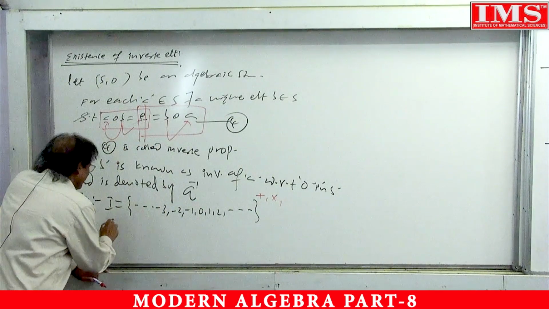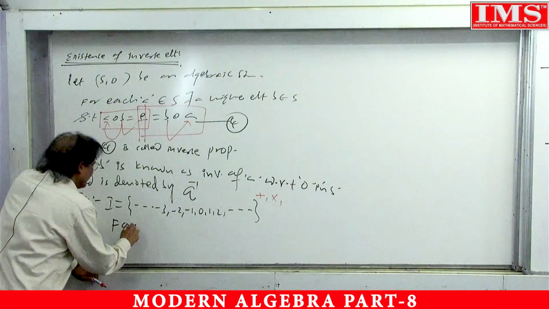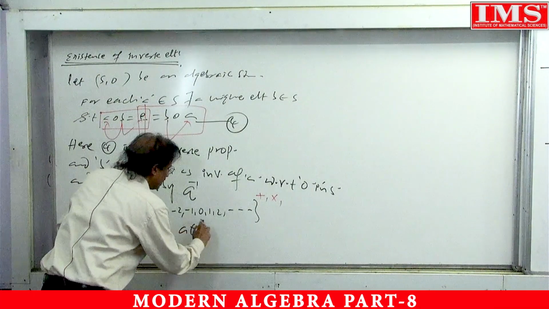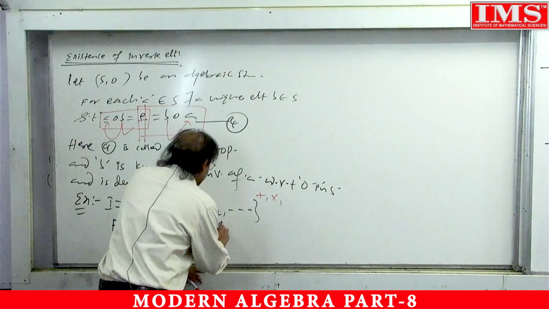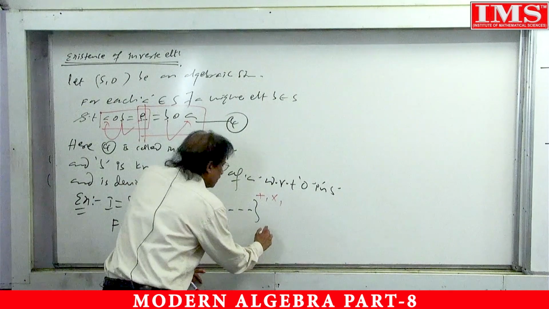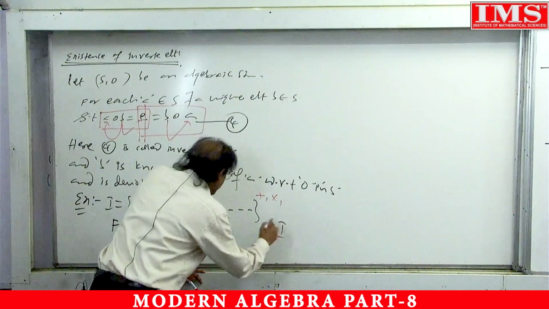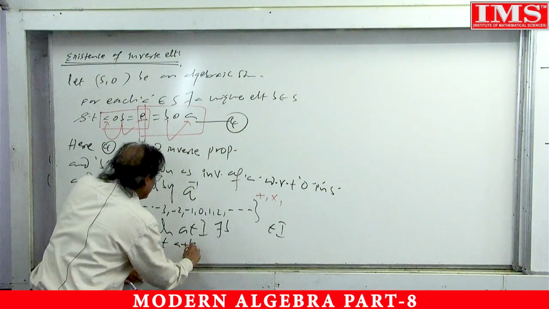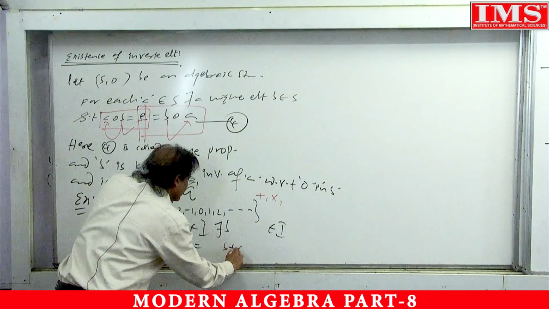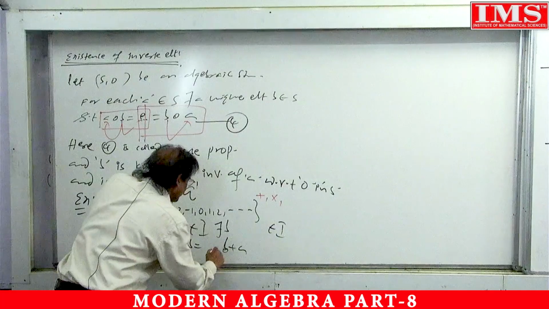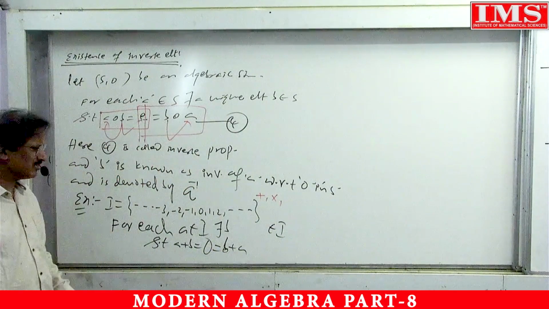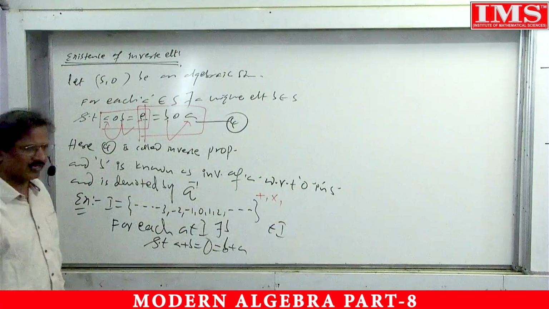Right. For each, not for all. For each A belongs to I, there exists some B belongs to I such that A plus B and B plus A must be equal to identity. What is my identity? You tell me here: 0. To have 0, what should B be?